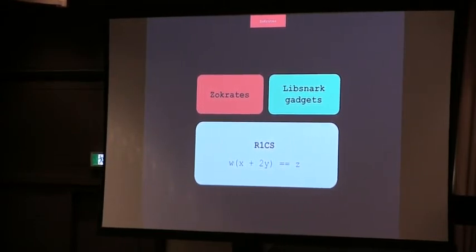So it's basically any integer that's between 0 and a very, very big number. And you can basically do additions and multiplications, and then executing the program is basically finding an assignment to all those variables so that all the constraints are verified. So both ZoKrates and Libsnark gadget rely on the same abstraction. Therefore, that was the best candidate we had at first to try and interoperate and import Libsnark gadgets into ZoKrates.